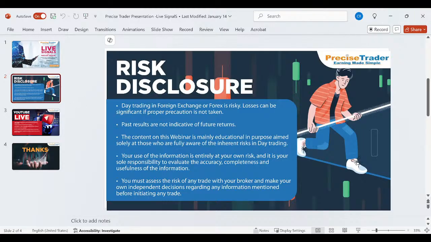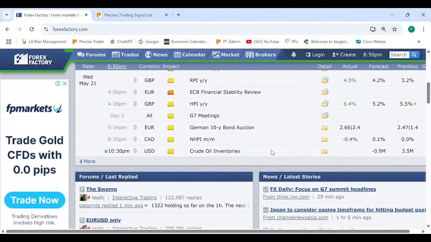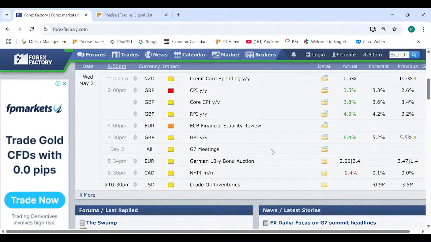So, with that, we move on to our live analysis. Tonight there isn't any data that is out, only the crude oil inventories.